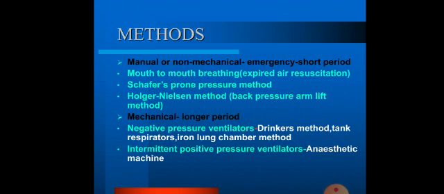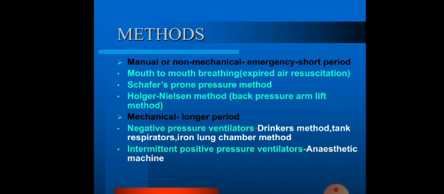And the second classification is the mechanical method of respiration, which is normally employed for a longer period of time. So now you need to know the different methods employed in the manual or the non-mechanical emergency short period artificial respiration.